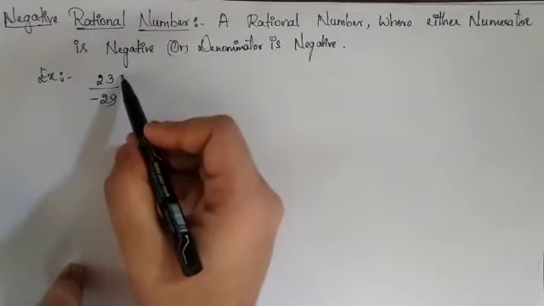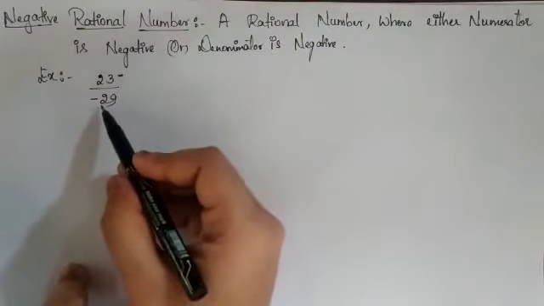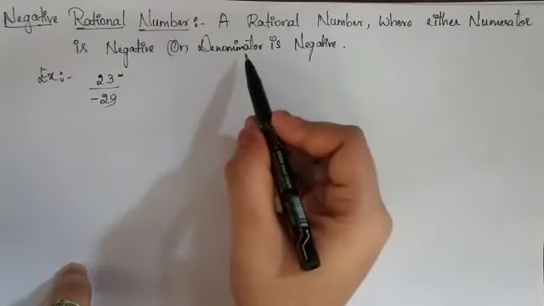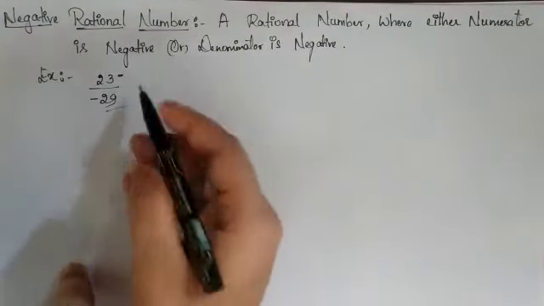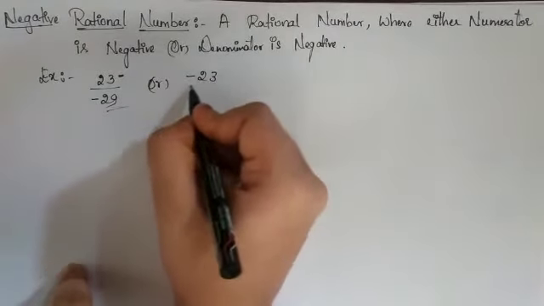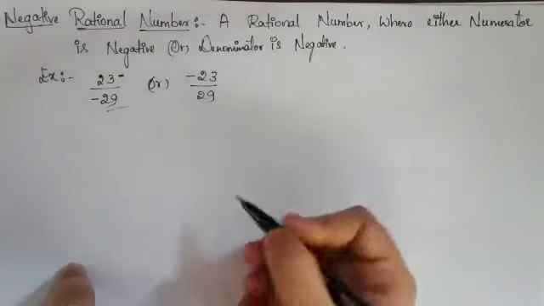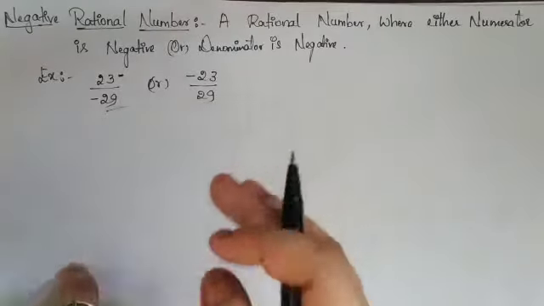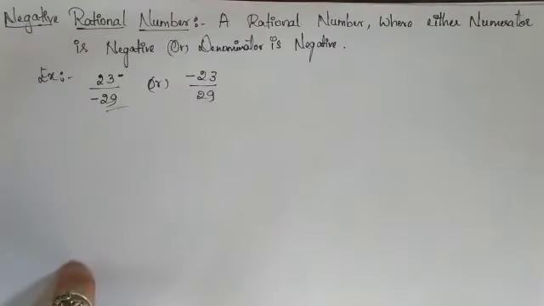Here the numerator is positive and the denominator is negative. Both should not be negative here. If both are negative, then it is a positive rational number.